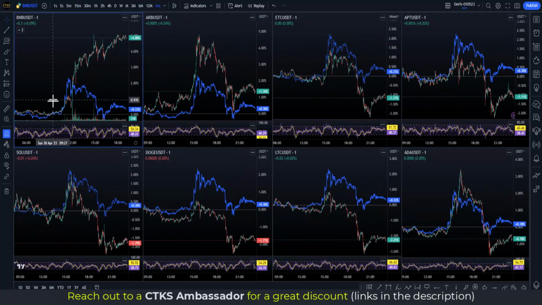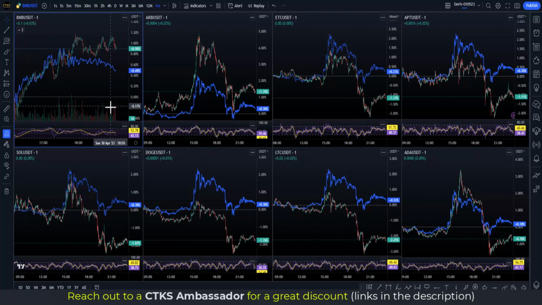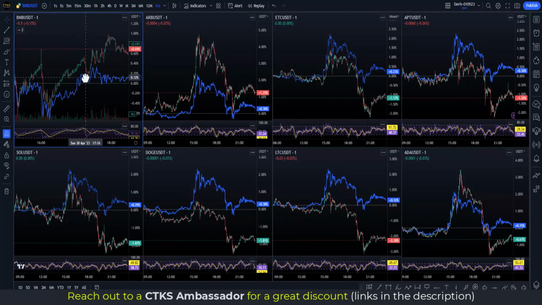To get an understanding of how liquidations are playing out, we'll just go down to a 1 minute time frame. We can see BNB is really going for it. Even though Bitcoin is coming down, you would say, oh, they're decorrelated. There's a miss in correlation. What you're actually seeing is just an over-exaggeration of upward momentum.